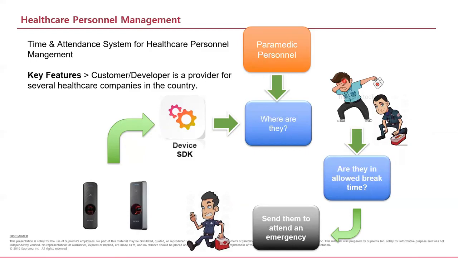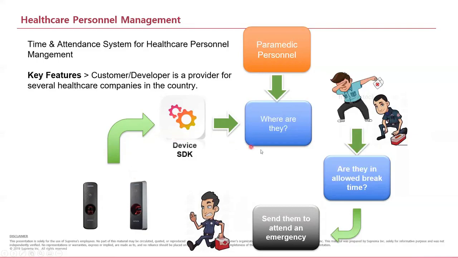As you can see in the procedure diagram, you have the paramedic personnel, and the first question that the system asks is: where are they? It knows where they are based on the punchings, from punching out to punching in, that they have done through our devices, retrieved through the Device SDK.